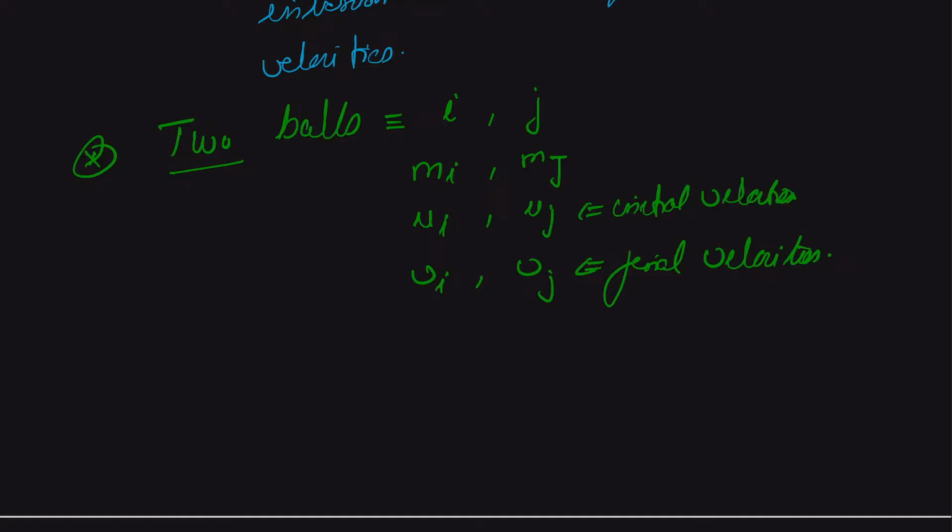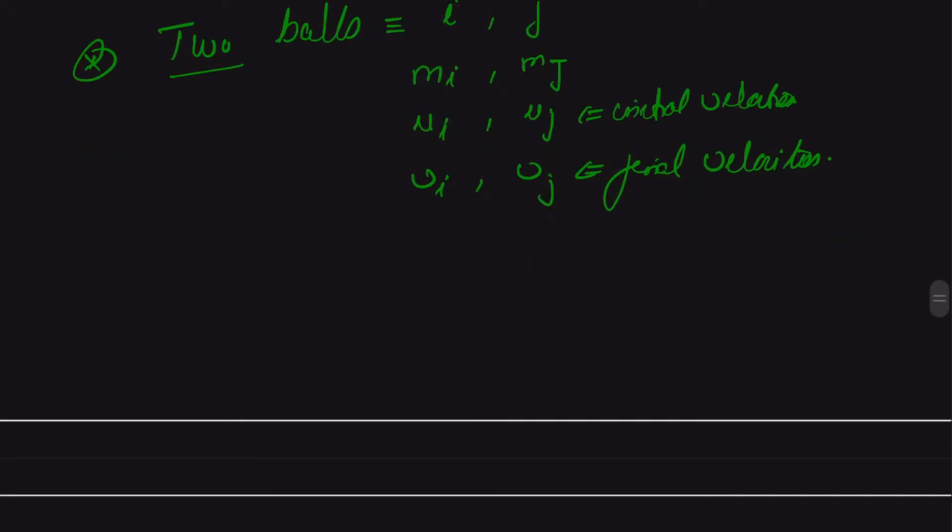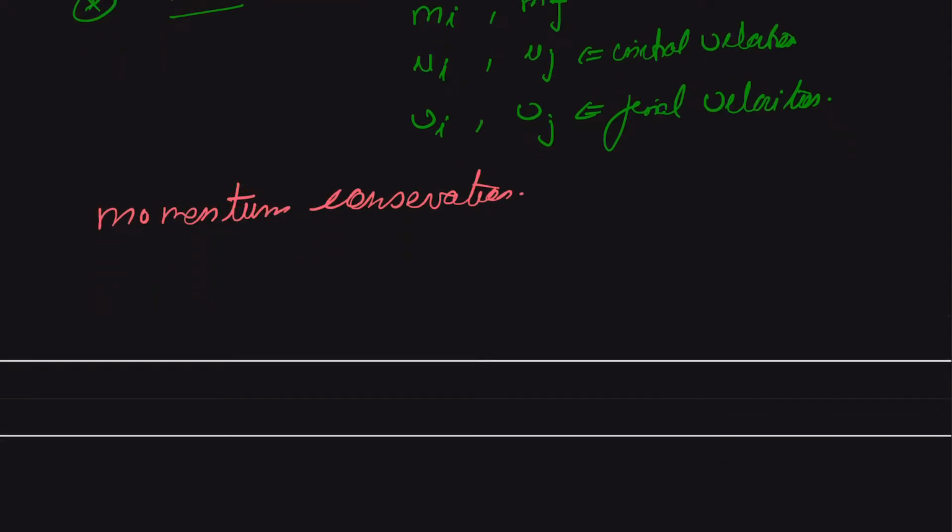Now we can use the momentum conservation. For momentum conservation we can write that Mi Ui plus Mj Uj is equal to Mi Vi plus Mj Vj.